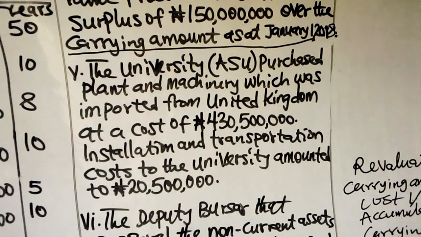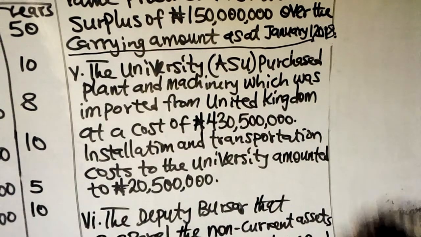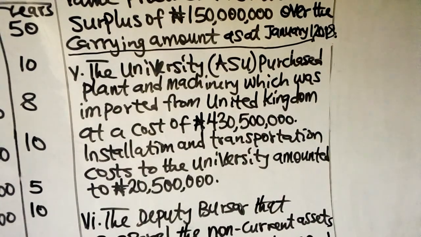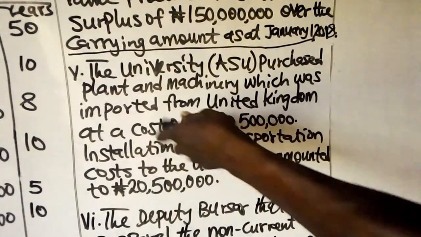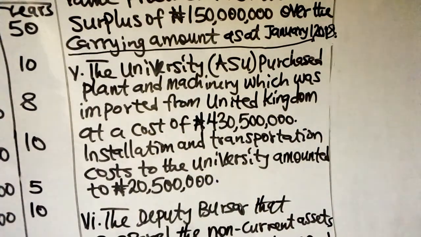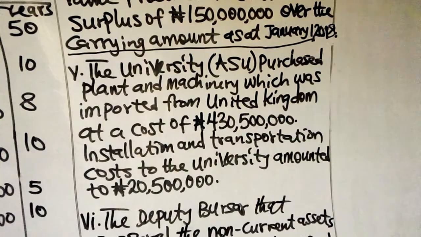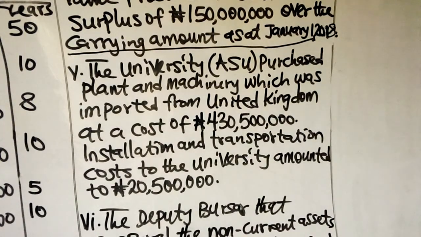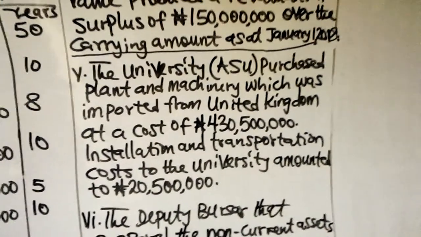Installation and transportation costs to the university amounted to 20,500,000. That shows that there is an acquisition, that is purchases of plant and machinery, during the period. That is working two.